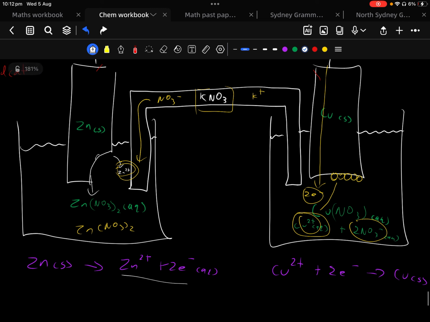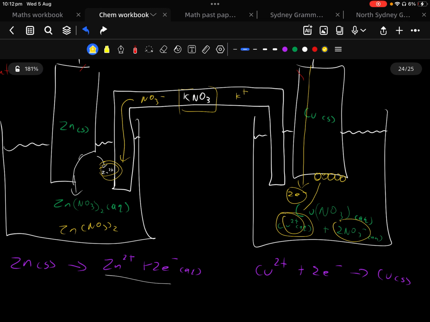At the same time, potassium ions travel down to the solution and combine with nitrates, which creates potassium nitrate solution.